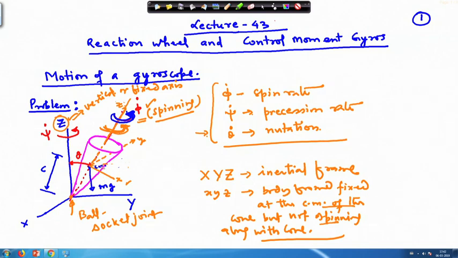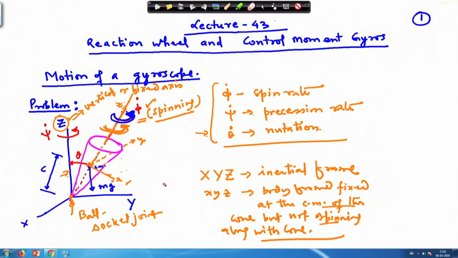The x axis is making theta angle, because the axial line of the cone has inclined with the vertical line by theta degrees. So, the x axis will also be inclined with the horizontal by theta angle. I am not going to show this here, because it will unnecessarily complicate the figure. We will take up this issue later also.